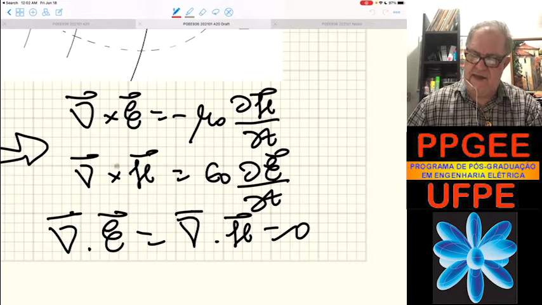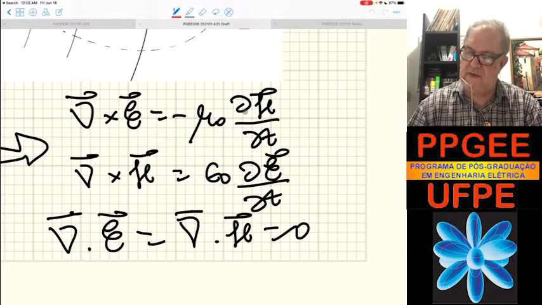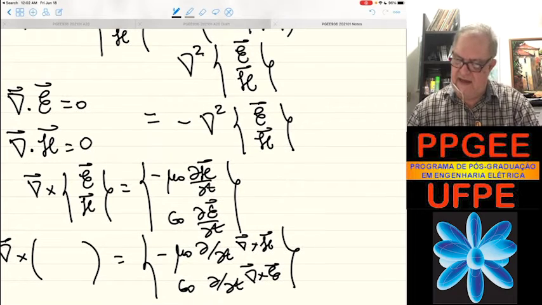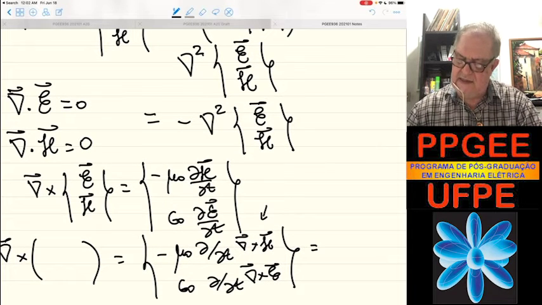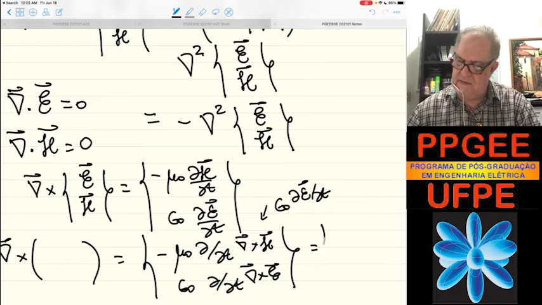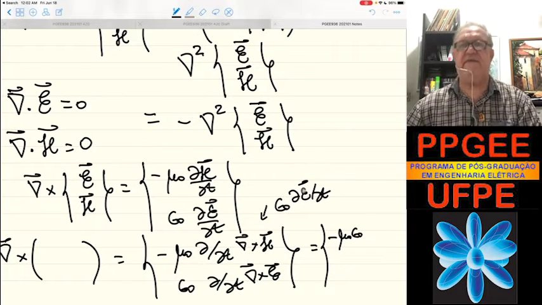Curl of H equals epsilon 0 dE/dt, curl of E is minus mu 0 dH/dt. So what we have here is going to give minus mu 0 epsilon 0 times the second derivative of E.